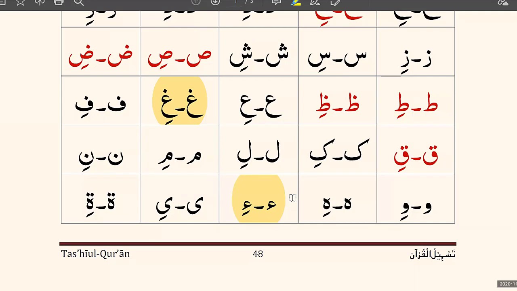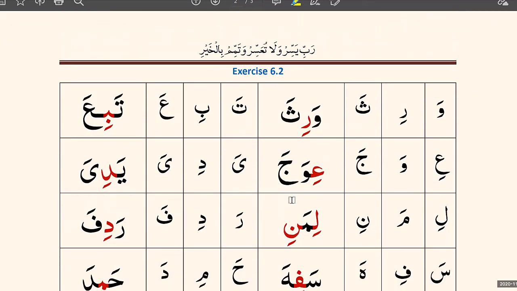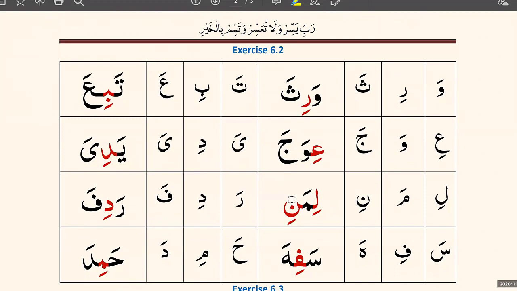Okay, thank you so much. Okay, that is fine. And now we come to 6.2, exercise 6.2. And another person on mic, please. Okay. Sophia Nusaba, I'm going to unmute you. Could you please accept? Assalamualaikum. Walaikum Assalam.